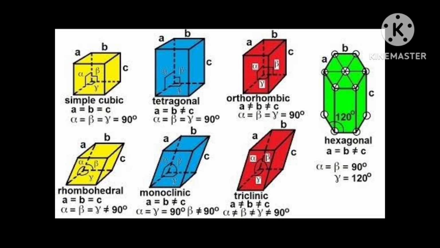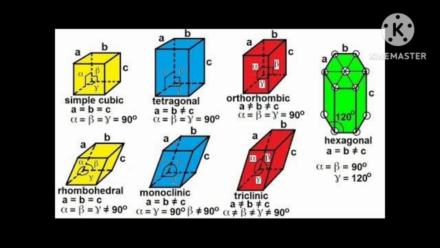Now come to the third structure, orthorhombic. Here 4 possibilities are there. In tetragonal I told 2 possibilities; cubic was 3 possibilities, tetragonal 2, and orthorhombic 4 possibilities. The first is primitive, second is body centered, third is face centered, and fourth is end centered.